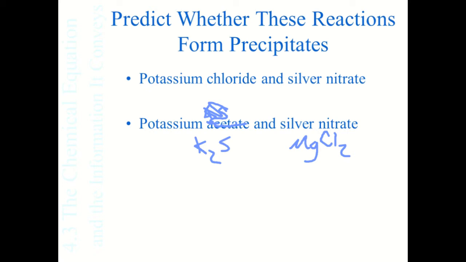Okay, so go ahead and write them down. Then we will identify whether there are soluble or insoluble products in these reactions. It's K2S plus MgCl2. Potassium sulfide and magnesium chloride.